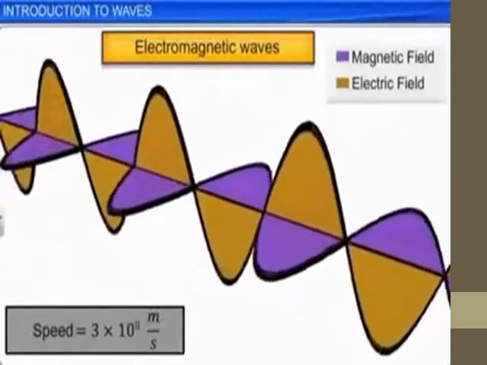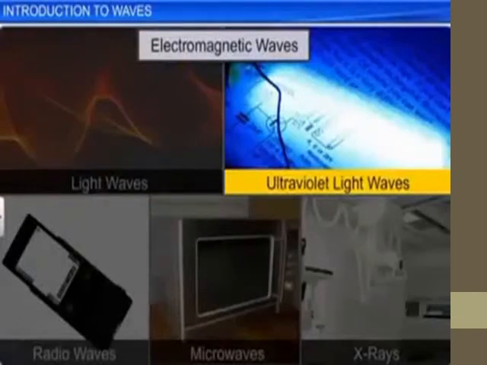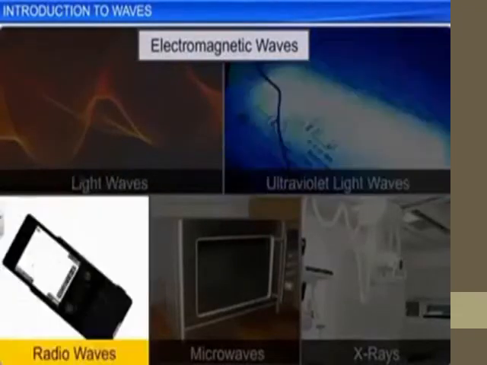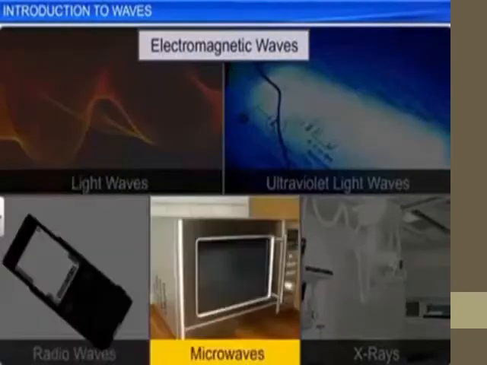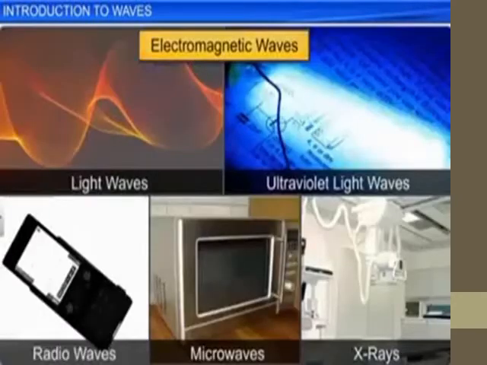There are a lot of examples, but before that, we have to know that the speed of electromagnetic waves equals 3 times 10 power 8 meter per second. Examples of electromagnetic waves are light waves, ultraviolet light waves, radio waves, microwaves, and finally X-rays.